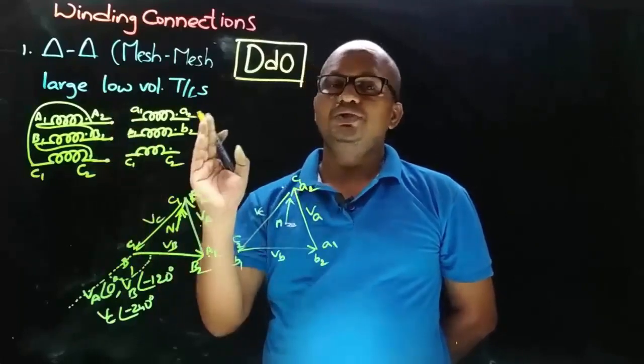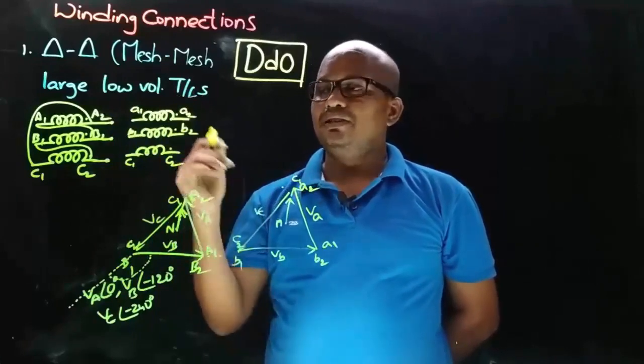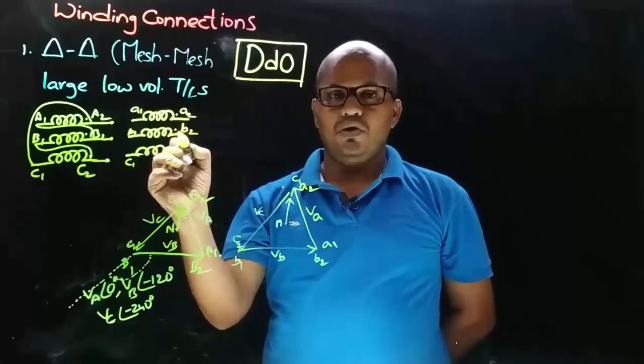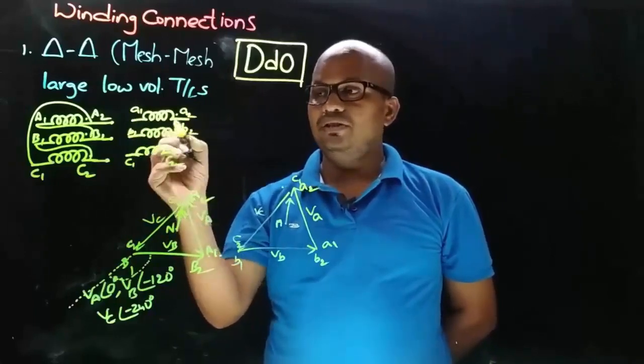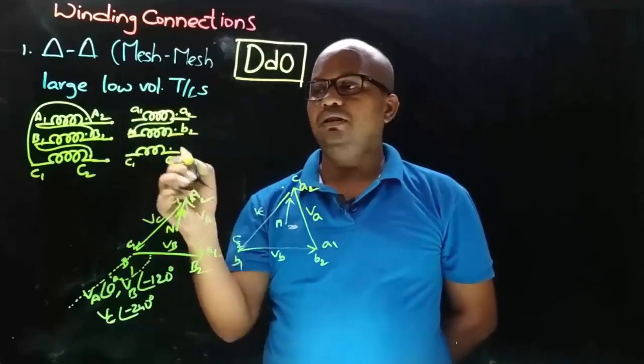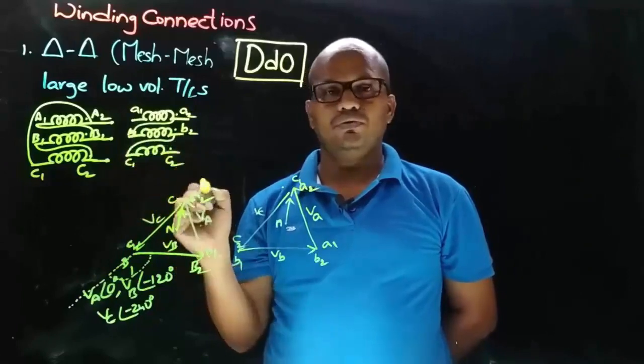And now the change you will observe in secondary side delta connection. Okay, so previously the non-dot end of one coil is connected to dot end of other coil, and here we are connecting the dot end of one coil with non-dot end of other coil, and similarly dot end of one coil is connected to non-dot end of this coil.